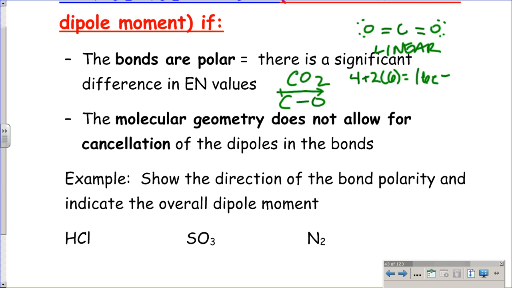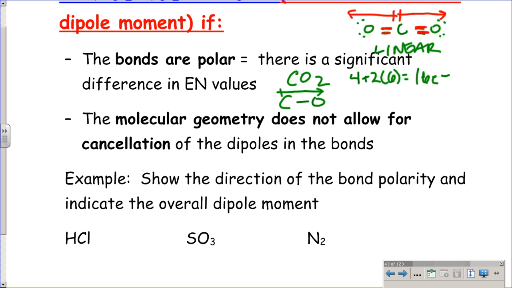So our geometry is important here because if you go, all right, I know that carbon is less electronegative, so there's a dipole on this bond right here pointing to the right. There's also a dipole moment pointing towards the left. These dipole moments are the exact same size because they are the same difference in electronegativity between the C and the O's on left and right.